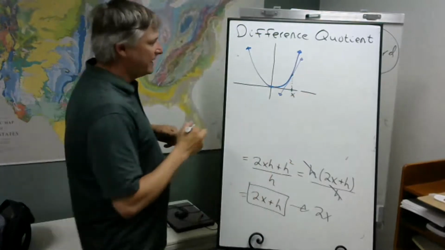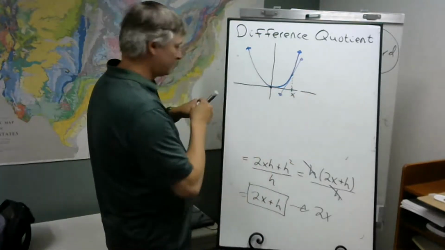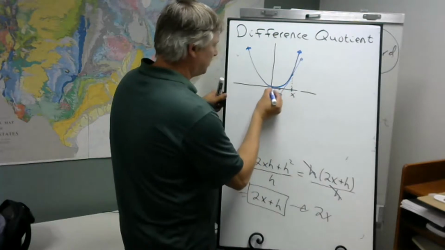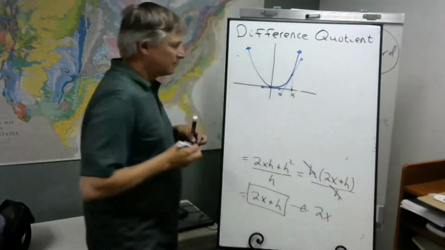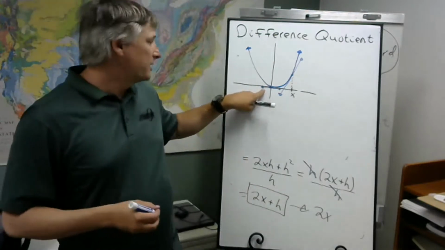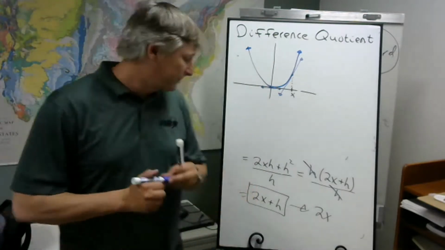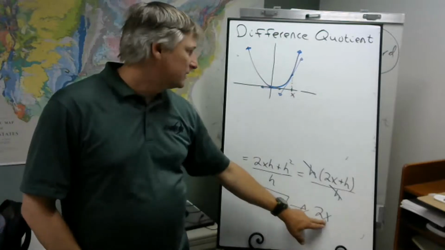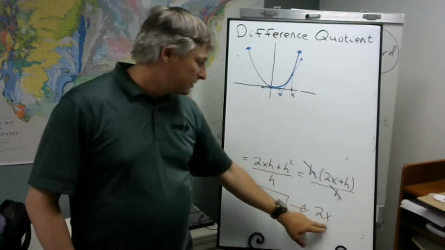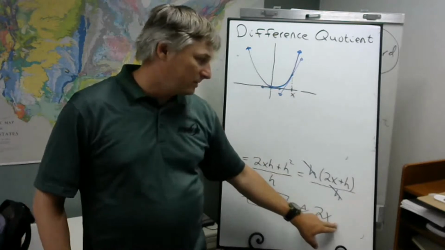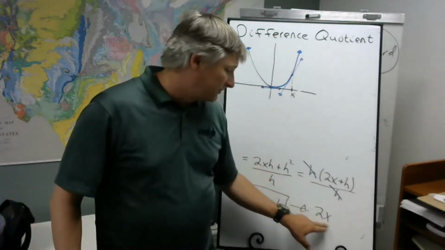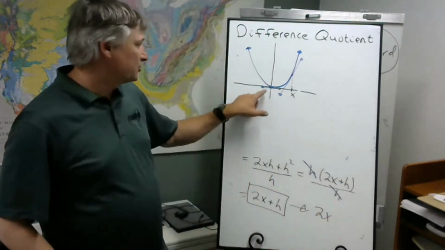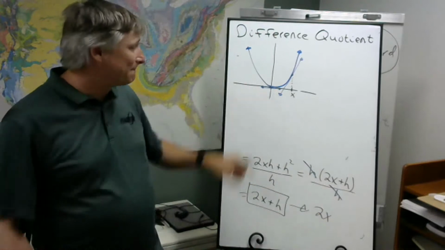For example, if you have a tangent here at the origin, what's the slope of this horizontal line? Well, the slope of the horizontal line is 0. So if we look at our formula, that means if we put in x is 0, because that's the x value at the origin, 0 times 2 is 0, well, that matches up. The formula for our slope is going to be 0 at x equals 0. And sure enough, that's what we get for a horizontal line.